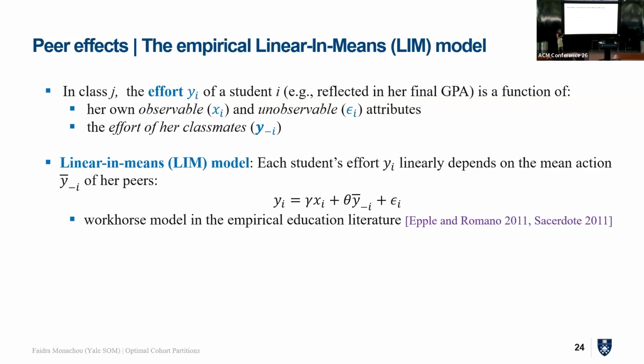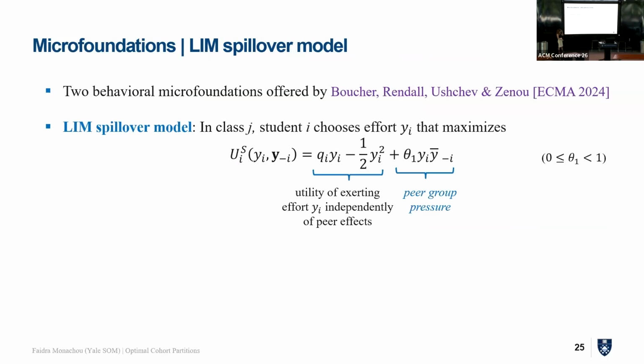There were no theoretical microfoundations for this until very recently, in an econometric paper by Kor and coauthors. They offer two different microfoundations. The first one is the spillover model, where they model the utility of the student using a multiplicative factor for the peer group pressure.